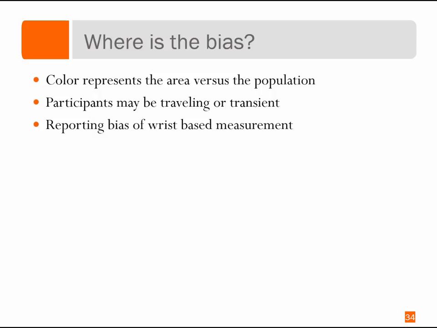For example, it may be an urban area, and they all wear Jawbone wristbands. There may be three-quarters of the rest of the county where people either don't wear or have never heard of a Jawbone wristband.